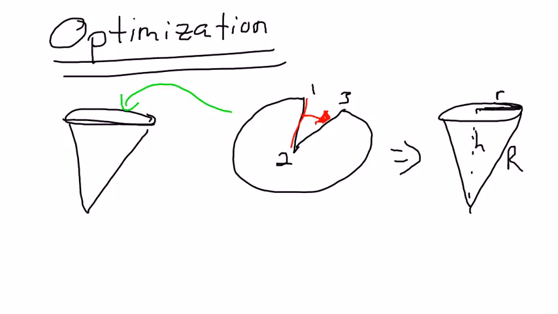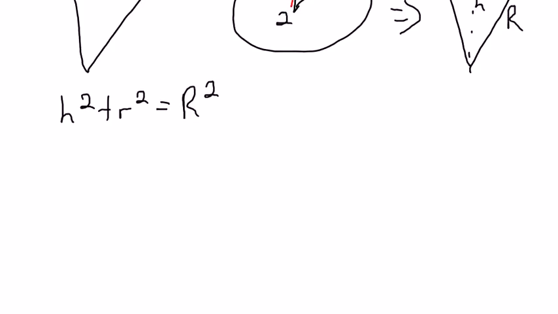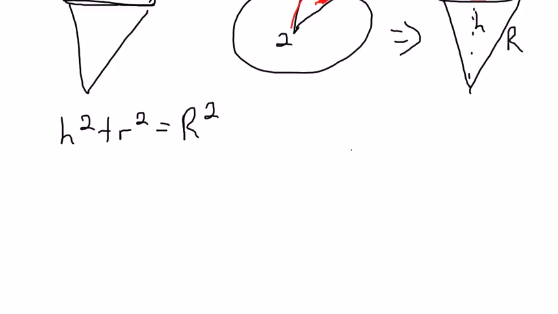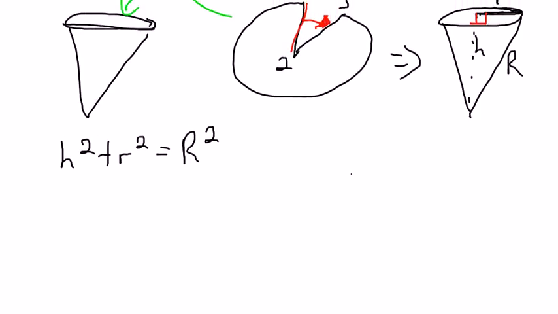Back to simple geometry, we want to find out what that R value is. Here you can see that we have a right angle triangle, so it's as simple as h squared plus the radius squared equals big R squared. So that's finding R, and that's just a simple parameter that we're going to have to use.